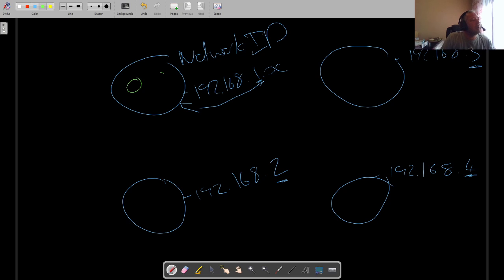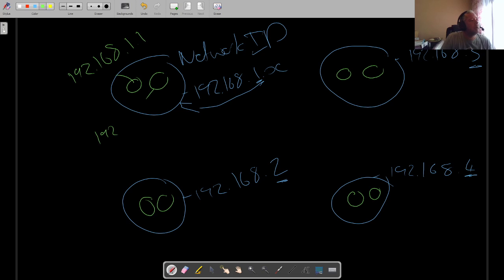And then the computers inside the network must also have an IP address, but because they're sharing the same network, the network portion must be the same, and they each must have a unique ID to distinguish themselves from one another inside the network.